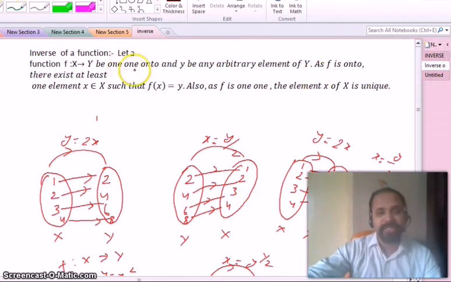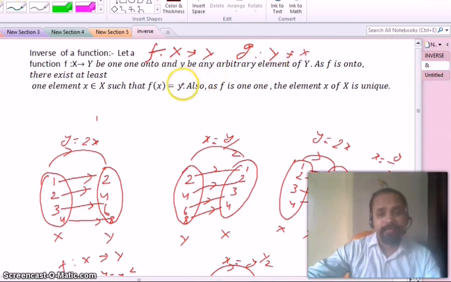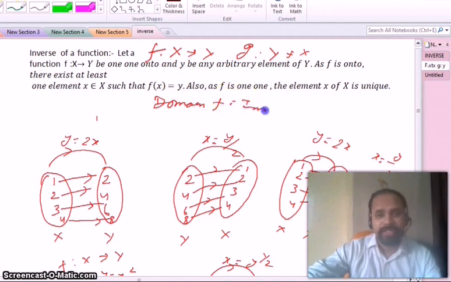What is inverse of function? The basic criteria of inverse of a function, before the definition I am telling, if we have a function f such that x to y, then there must exist a function g such that y to x. And the basic criteria is the domain of f must have the image of g.